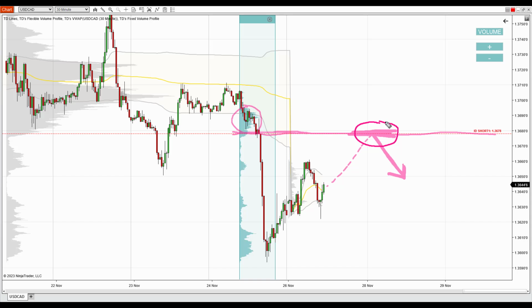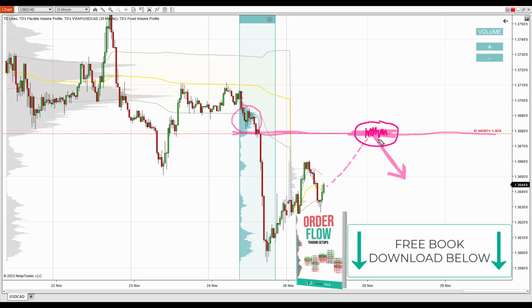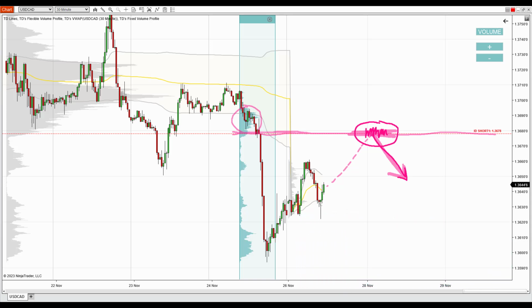If the order flow confirms that the big guys, the institutions, are jumping in somewhere around this place, then you jump in that trade as well, in that short as well, and this will massively improve your success rate. Alright? But still, if you don't have the order flow, you can still take the trade at first touch.